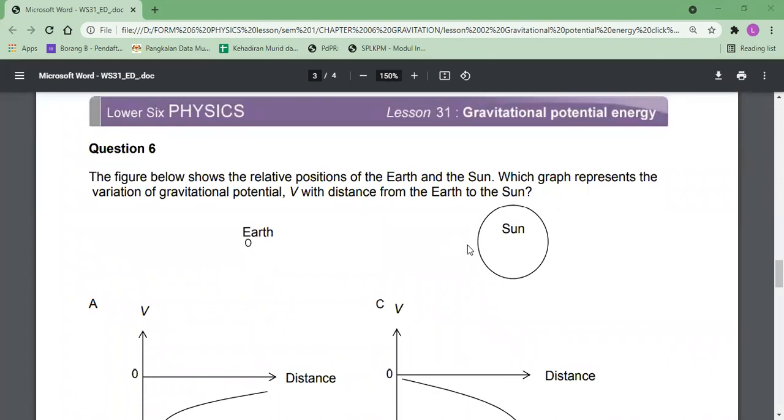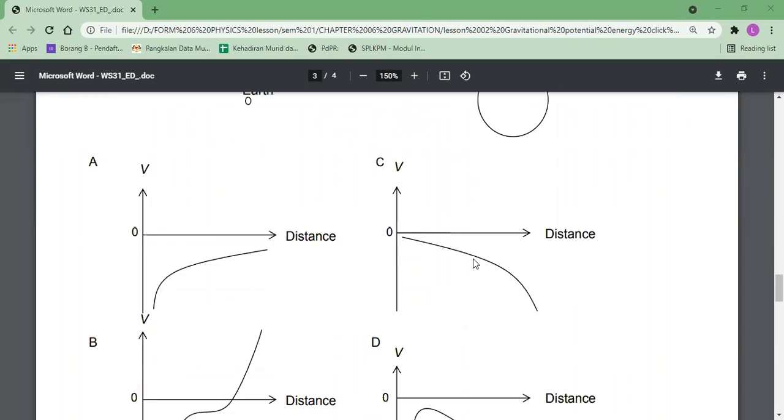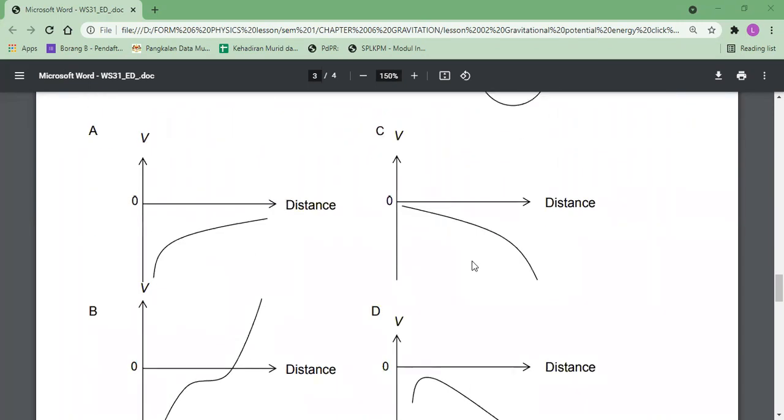So what do we want to find? The graph of the variation of the gravitational potential with the distance from the Earth to the Sun. Now the Sun pulls the Earth. Because the Earth has smaller mass, the Earth will move towards the Sun, right? So that means from a distance of infinity.